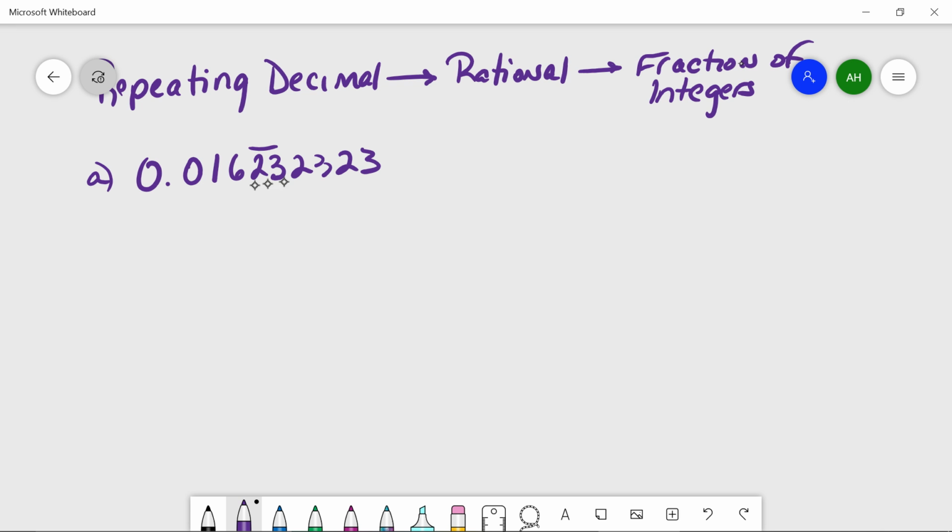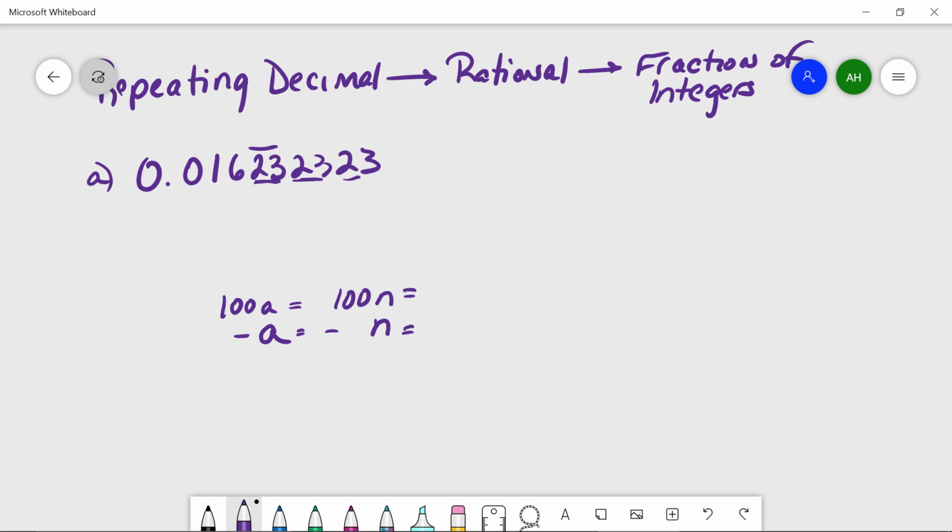I'm going to use 100 because I have two digits that are repeating. So here we're going to look at this as 100 times the number minus the number.